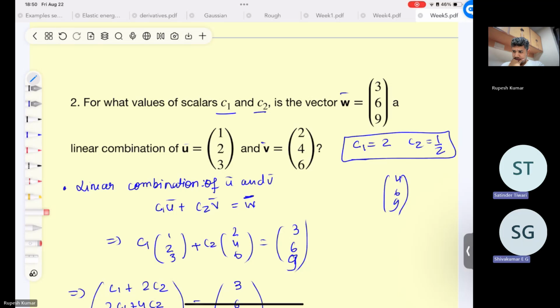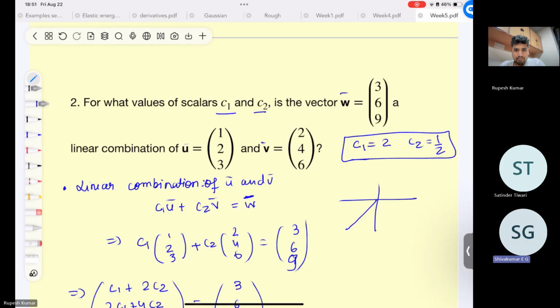When you plot vector u, you take on the x-axis 1, y-axis 2, and z-axis 3, and then build up the vector u as a resultant vector. Means that 1, 2, 3 become the coordinates along the x, y, z axes, multiplied by the unit vectors, and it becomes the resultant vector u. Correct?